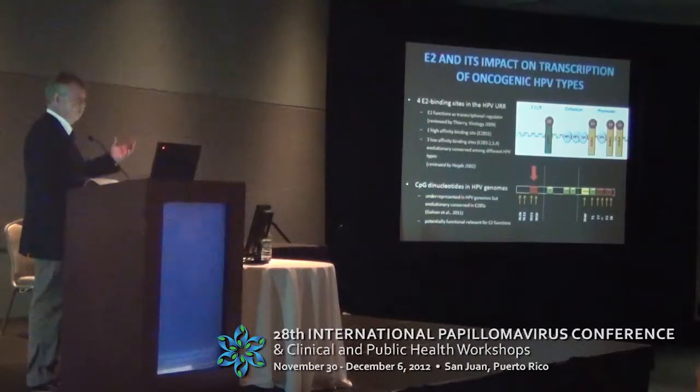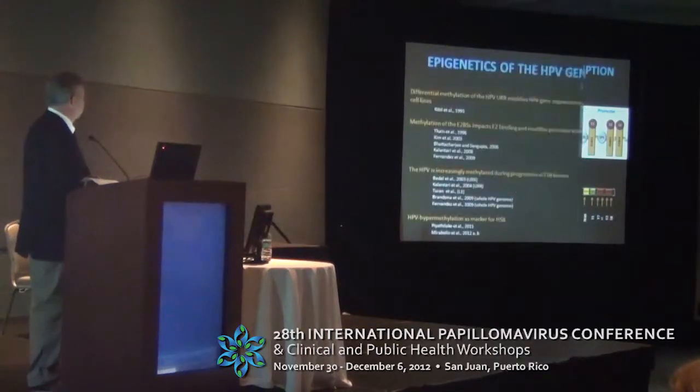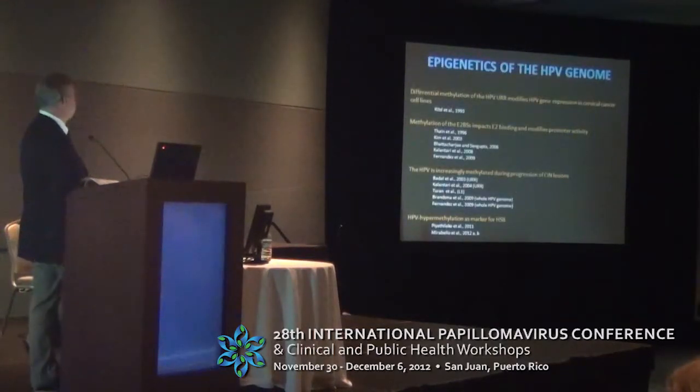So there's a cluster of CpG dinucleotides that are evolutionarily conserved within these E2 binding sites, but not elsewhere, at least in the regulatory region of the papillomavirus. And this suggests that these epigenetic modifications in these sequence elements might really be of functional relevance.